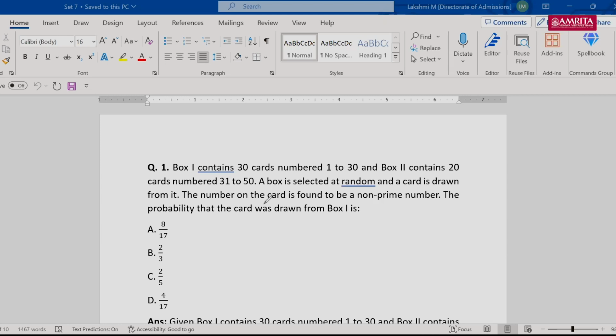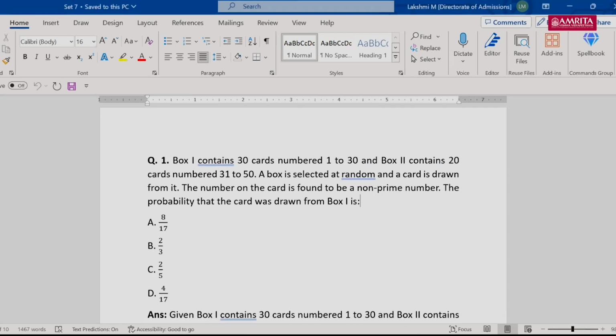A card is drawn from it. The number on the card is found to be a non-prime number. The probability that the card was drawn from box 1. But the total will be the consideration of box 1 and box 2, right? The total is something where you have to consider both the boxes, box 1 and box 2.